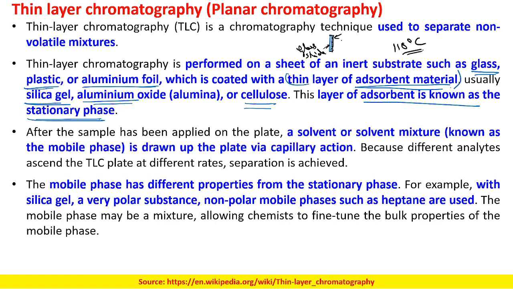Okay, now just like paper chromatography, you add your mixture and then you put it into the solvent system, and by the process of partitioning you will be having this separation. Okay, however this is a planar chromatographic technique.